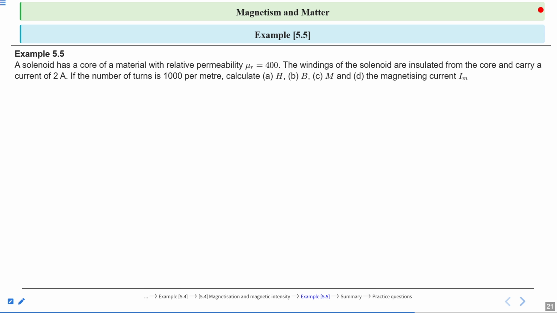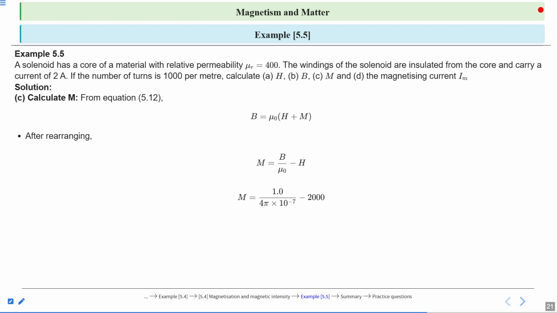Now the C part, we are going to calculate the magnetization, M. From equation 5.12, we know that one of the formulas for the net magnetic field is B equal to mu naught times H plus M. After rearranging, M will be B by mu naught minus H. This is also the relation between M and H. We know all the values: B is approximately 1 Tesla, and we know mu naught and H also.